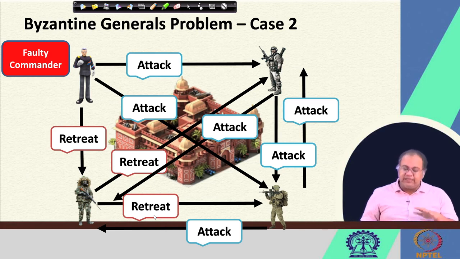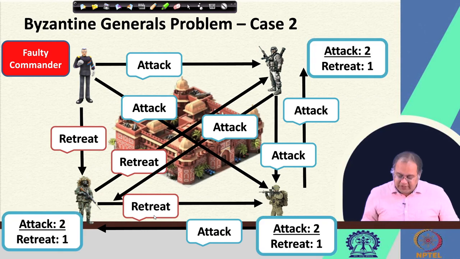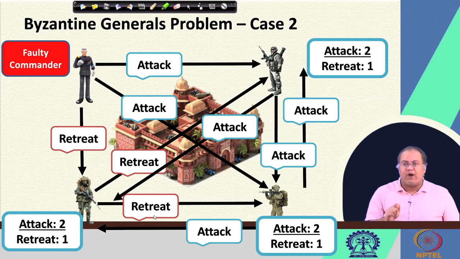Now, at this stage with every lieutenant, let us see how many attacks we have received and how many retreats we have received. What we see is that all 3 lieutenants have received 2 attack and 1 retreat.